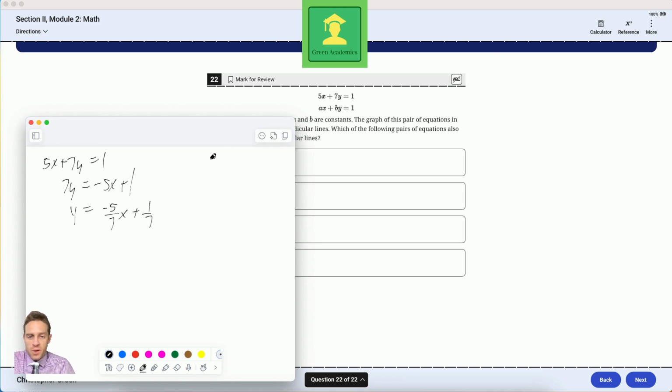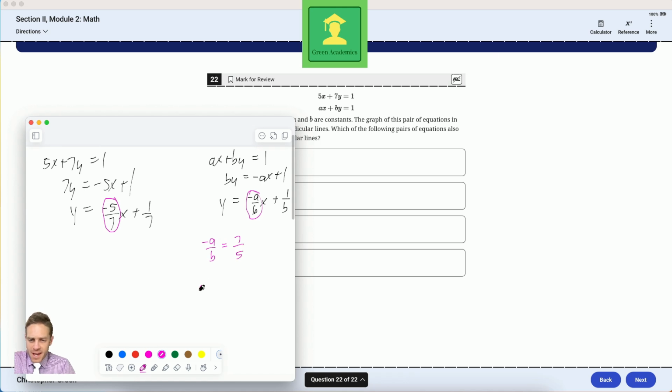And then in the one below that, ax plus by is 1. by is negative ax plus 1. So y is negative a over b times x plus 1 over b. But the slopes of perpendicular lines must be negative reciprocals. So negative a over b must be the negative reciprocal of negative 5/7, which is 7/5.